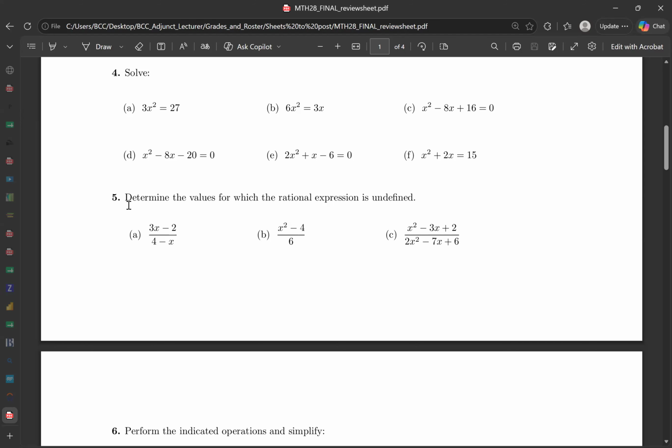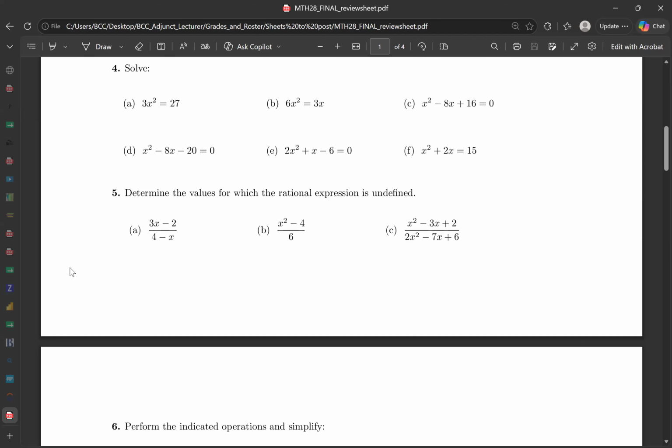Positive 4, right? So you could plug in any value for X you want there except 4. Not on your test, but good to know. Question 4 is easy.